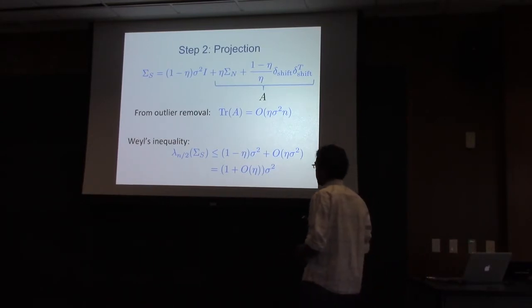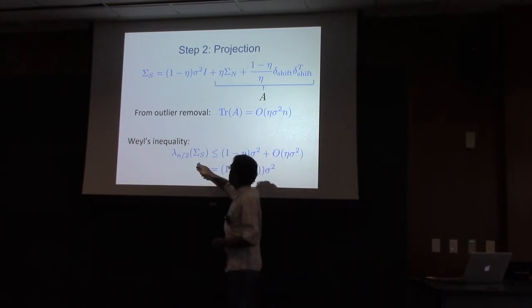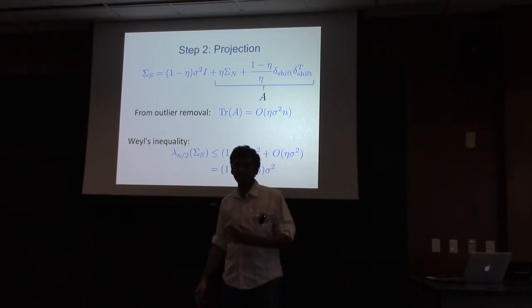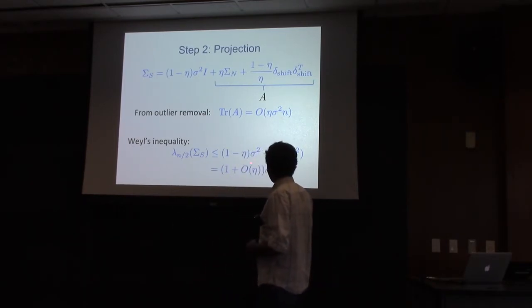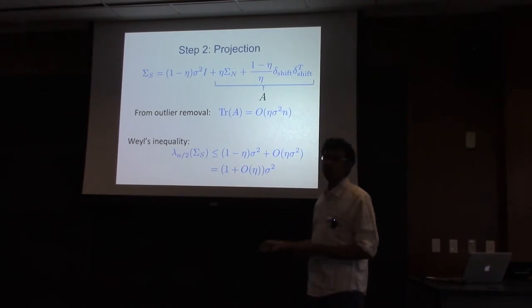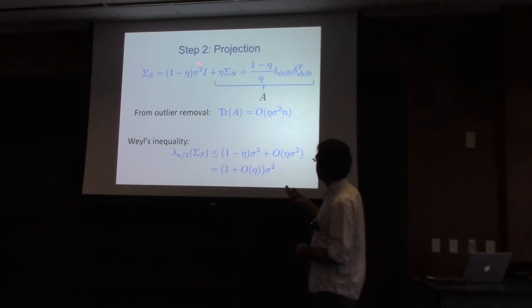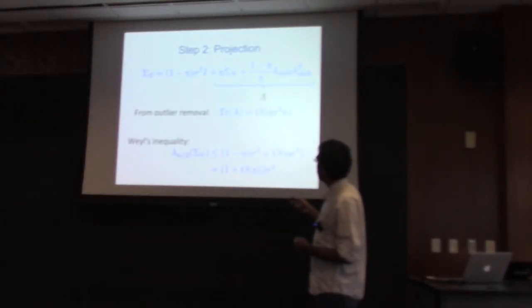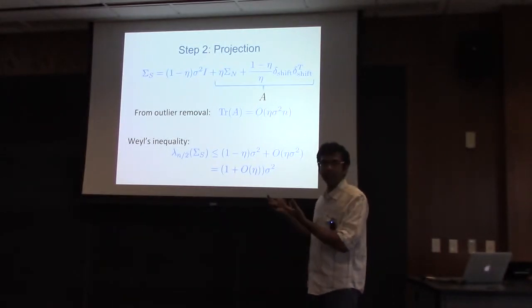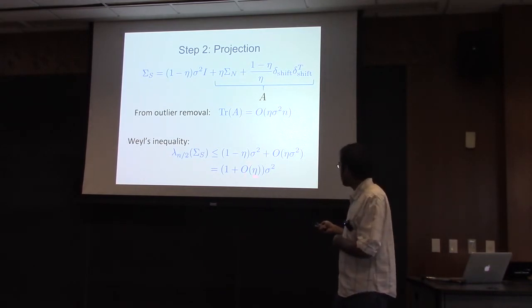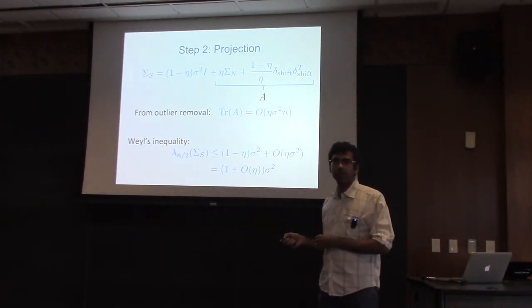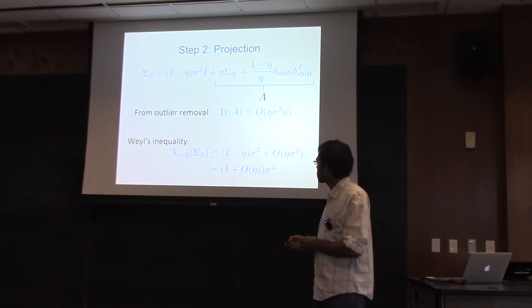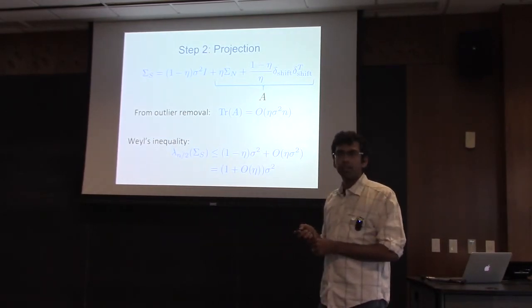So, putting things together, the n over 2th eigenvalue of sigma S can be at most sigma square plus order eta sigma square. Now that's very close to the actual one. If we didn't have any noise, then the n over 2th eigenvalue would be like sigma square I. We are only order eta sigma square away. Any questions?